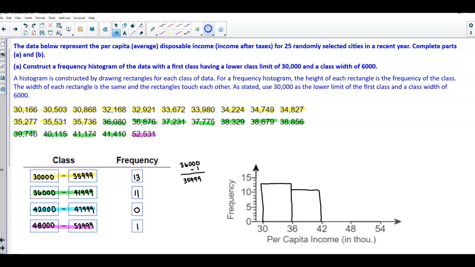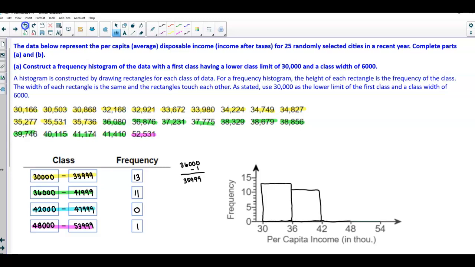Now, if you notice down here, I'm going to draw a line so that represents that first class, and that is the second class. If we take a look at the third class, we have 42,000 to 47,999, but we have 0. So we're going to put a line at the bottom to represent that, and I'll make sure there's no gap there, but that means there's 0 in that class.